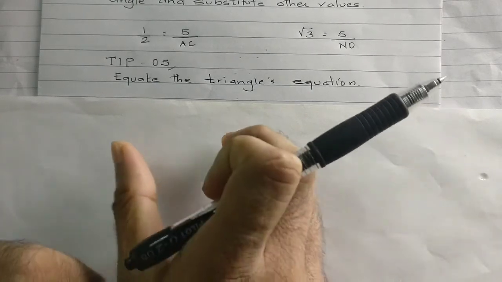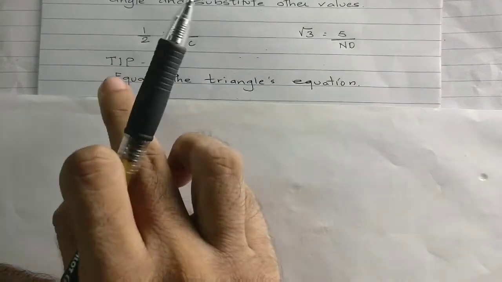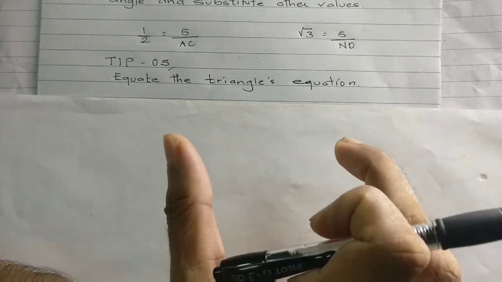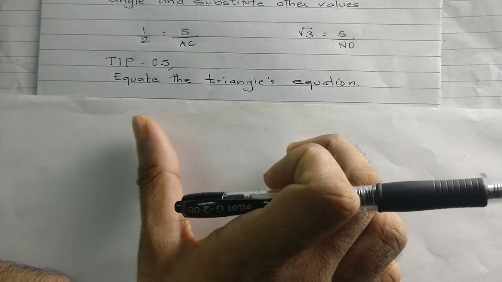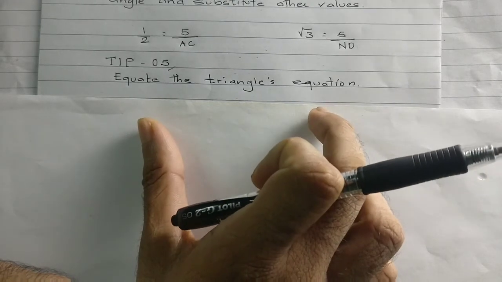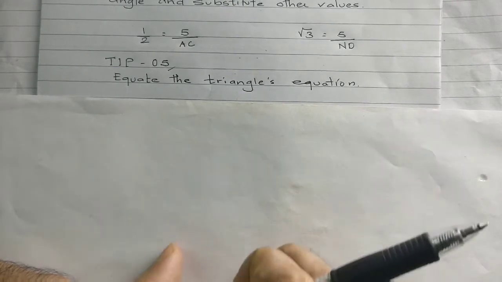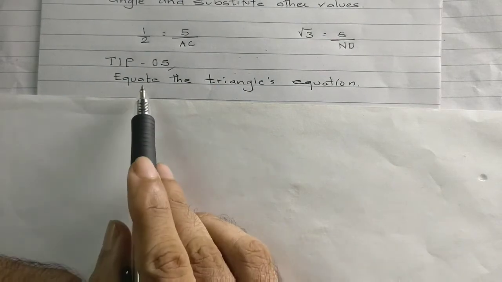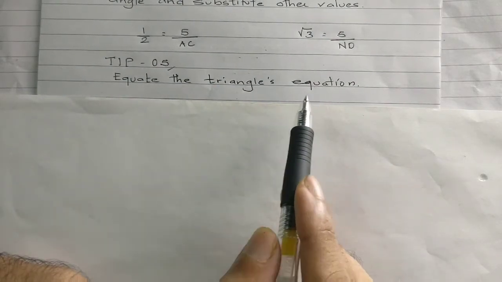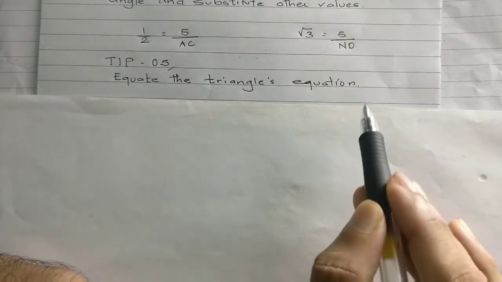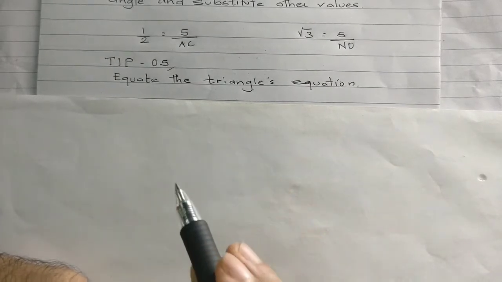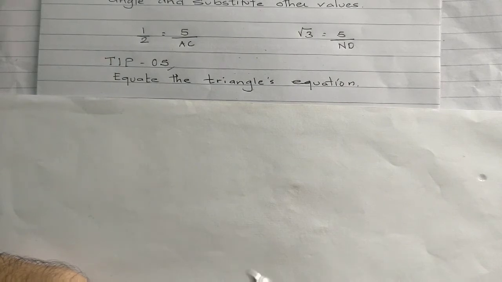So if you take two triangles from that entire question, there will be a point where you will be able to relate that equation of one triangle and the equation of other triangle together and then solve it. That's the meaning of that. So currently just don't worry about this tip number 5, because as in when you solve problems you'll be able to understand.